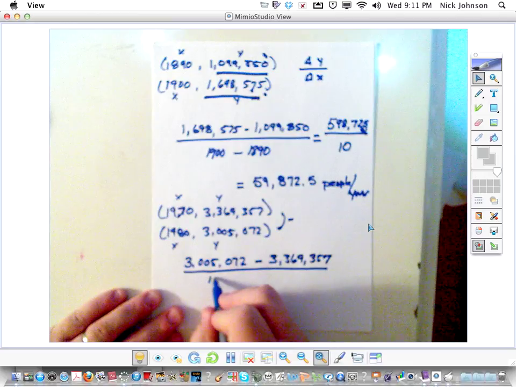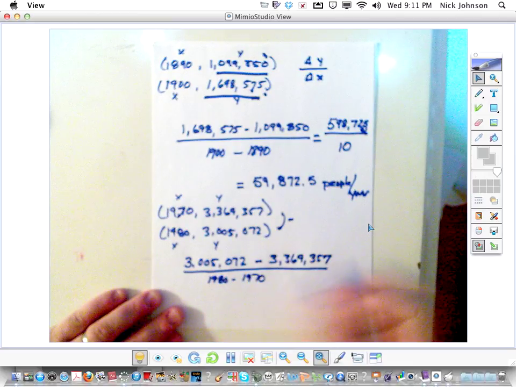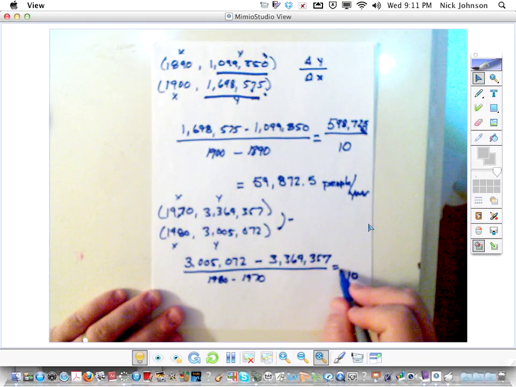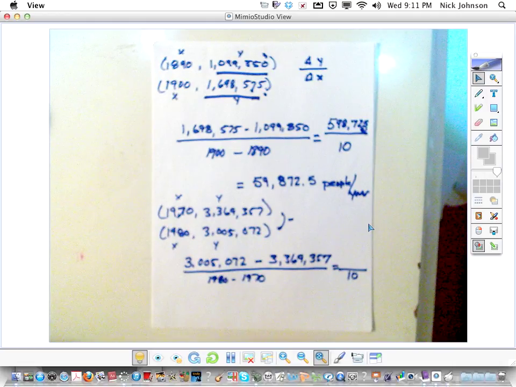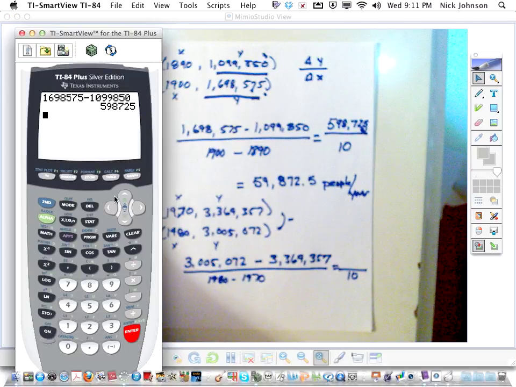3,369,357. Divided by 1980 minus 1970. We all know that's 10 at the denominator. We want to find out what the numerator is. So on my calculator, 3,005,072.